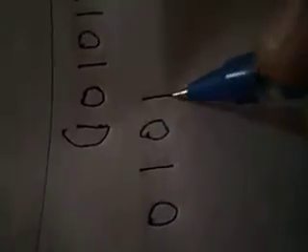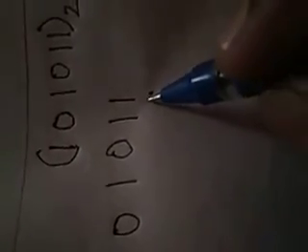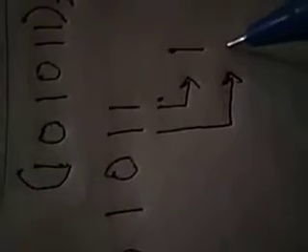First of all, we will write the binary number 101011. Then use arrows to write each and every digit. This is 1. After that, below this write this digit. This is 1.